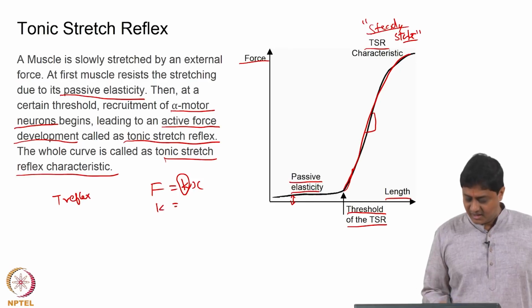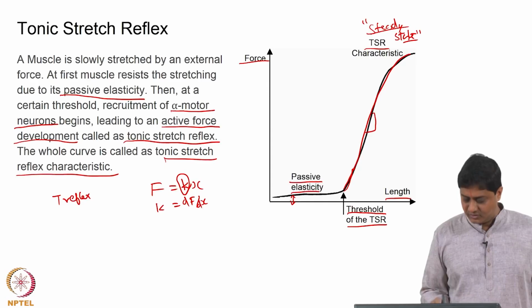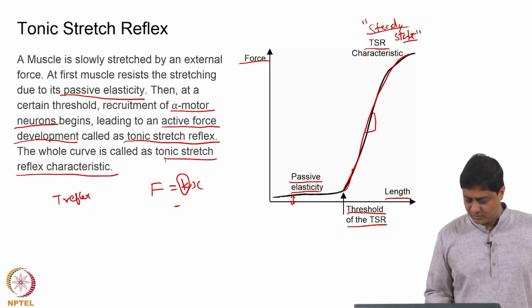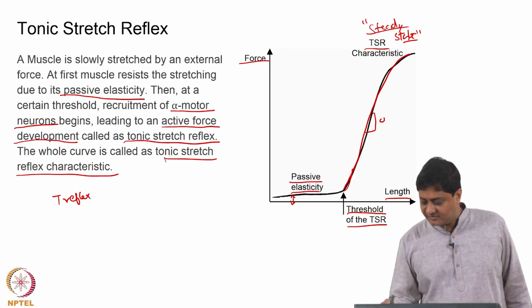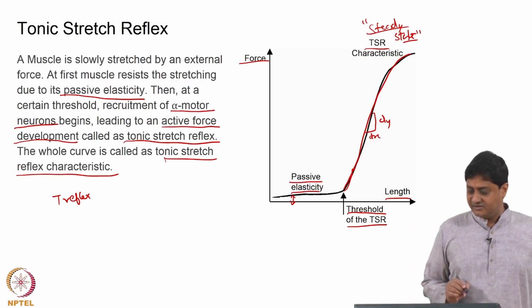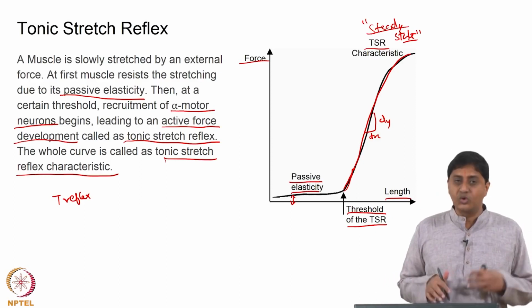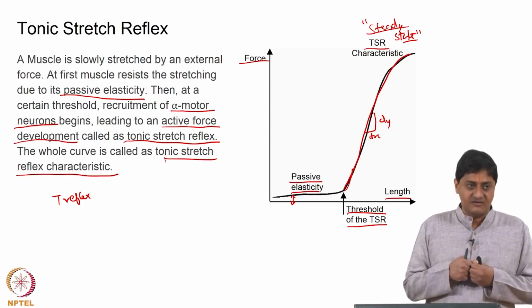To find k, I could find the slope of the force displacement curve. This is what mechanical engineers would do. Now, I could find a similar thing in this case and come up with a notion of stiffness for this.